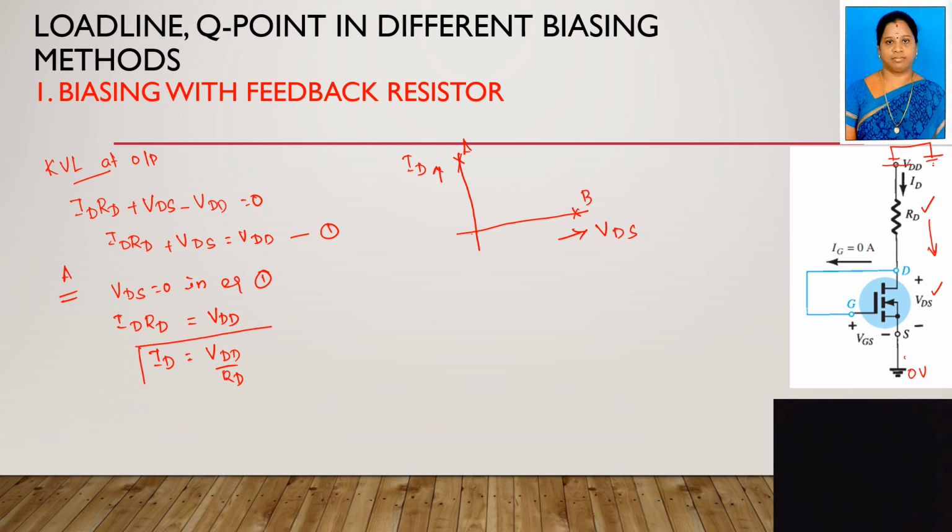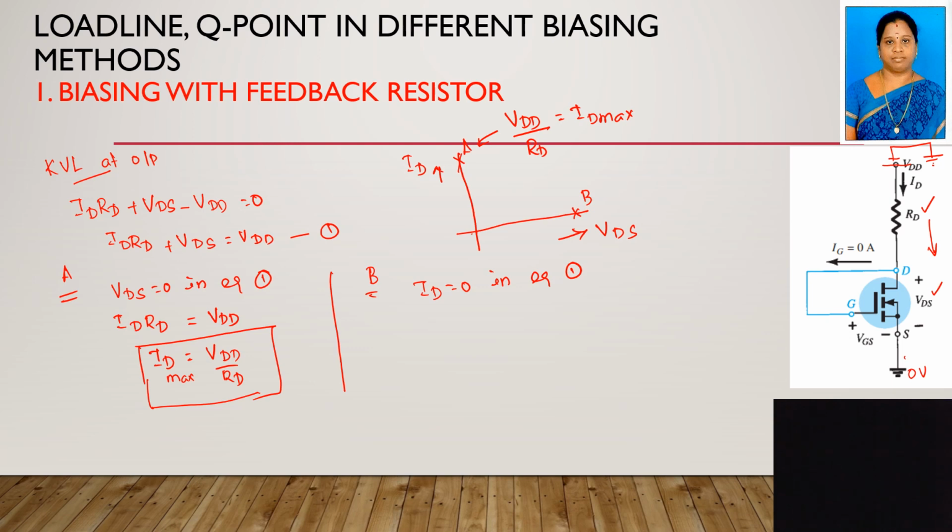This is your maximum current, the maximum current obtained from the source. So the point A is nothing but VDD by RD, which is the ID max. After locating point A, you have to find the point B. If you want to find the point B, you know that ID is 0, so you have to make ID equal to 0 in equation 1.